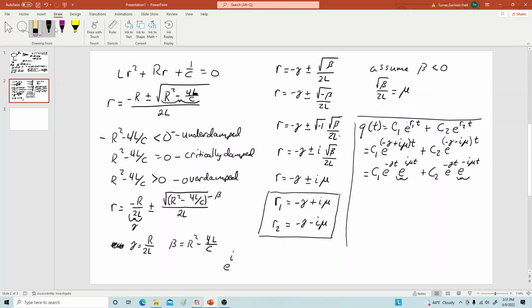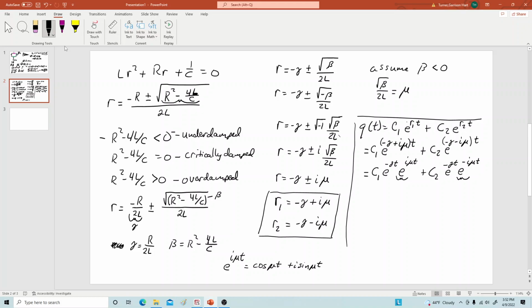e to the I mu t can be written as cosine of mu t plus I sine of mu t.